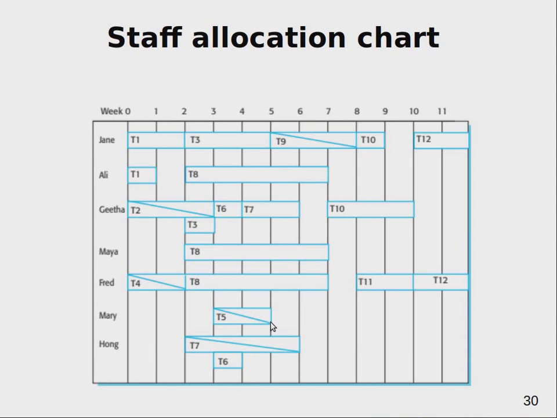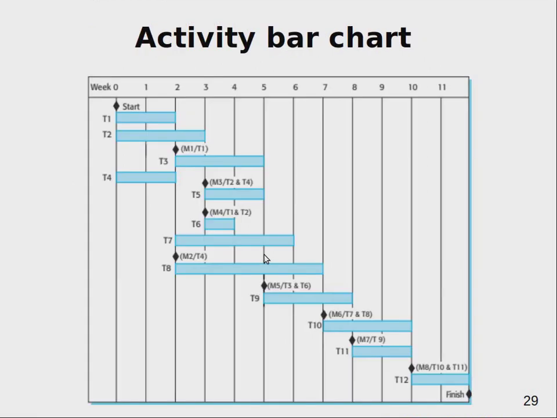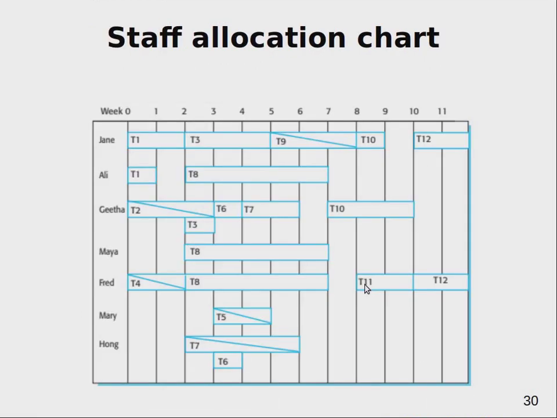So this and that is more or less equivalent, the only difference is how you show dependencies and how you show exact time. But another view, very important for planning, is the staff allocation chart. Here you may add different kinds of memos like predecessors and successors of tasks and who does what as notes, but then you can't see the overall view of how exactly everybody does something.